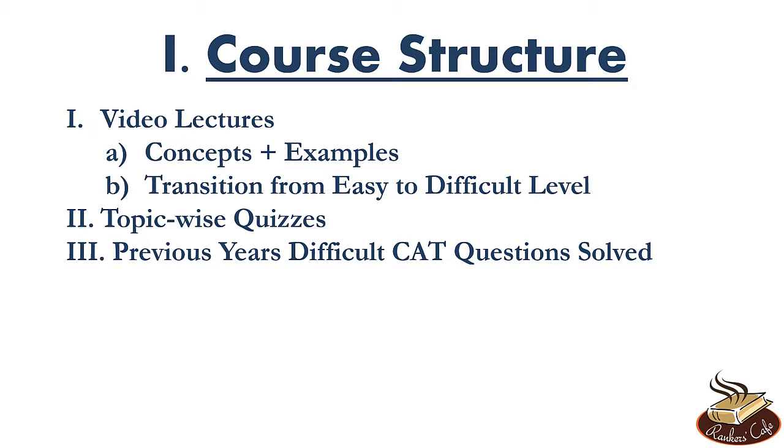But we have the CAT papers from 1994 to 2008, and we have selected some of the toughest or trickiest questions asked in those years, and after finishing any chapter, in the last video or in the last two videos if the chapter is long, we will solve those questions. After that, we also provide you with a chapter-wise quiz. And this is how we will complete the whole syllabus of the Quant section of CAT.